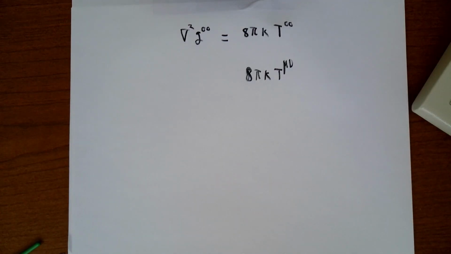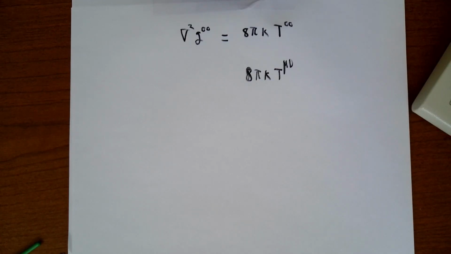Einstein proposed that the proper gravitational field equations for general relativity should be a tensor equation. The right-hand side of the equation should be 8 times pi times Newton's constant times the components of the stress energy tensor. The other side of the equation must be a tensor also.